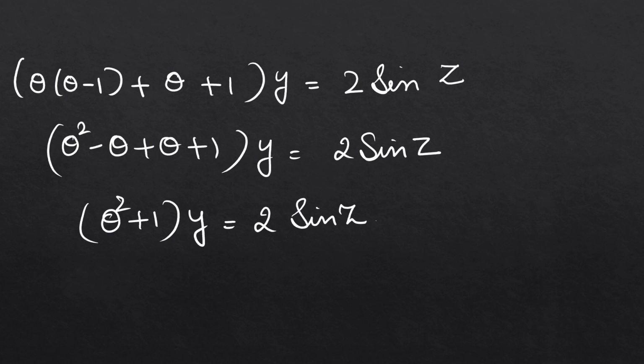Now, how can we find the complementary function? To find the complementary function, first of all we will write our auxiliary equation. What is the auxiliary equation? If we take the coefficient of y equal to 0, that means theta squared plus 1 equals 0. So theta squared is minus 1.